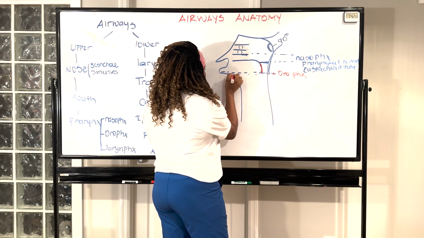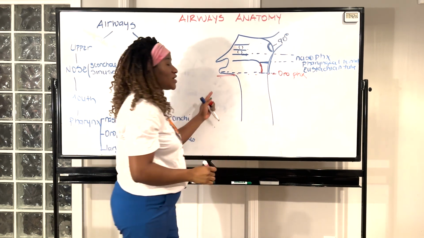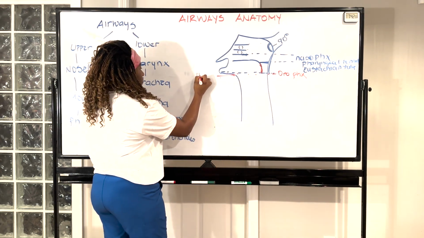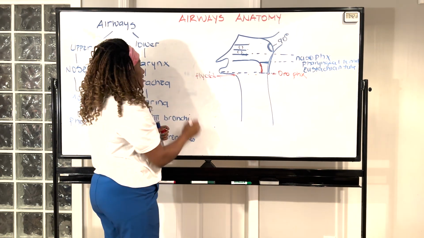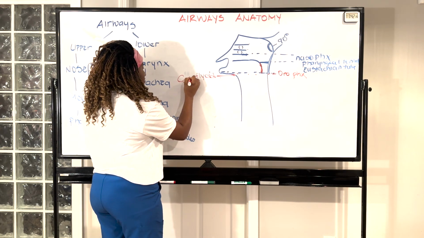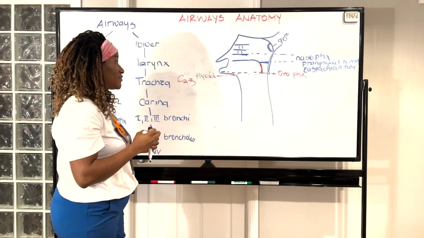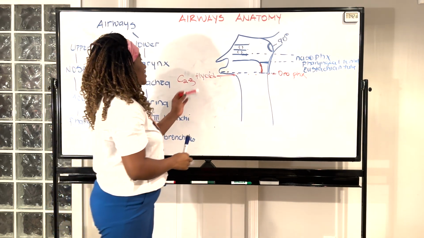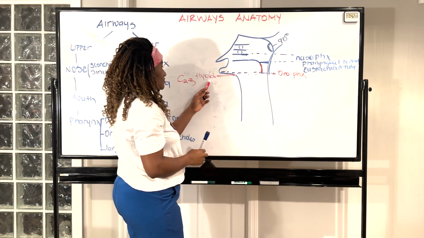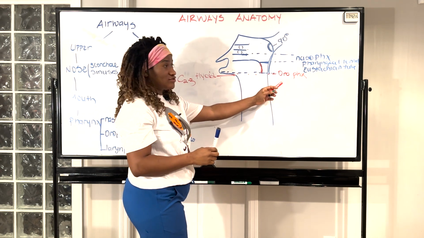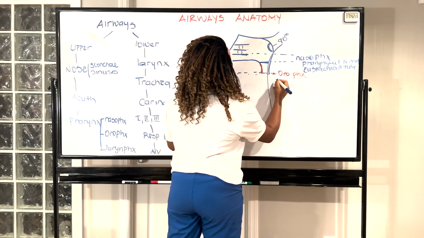And at the base of your tongue, we have a bone that we call the hyoid bone. Very important. It's located between C2 and C3, cervical. We're going to talk about this.